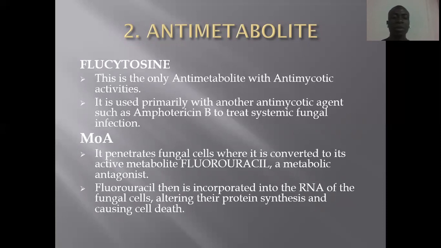The mode of action is to penetrate the fungal cell wall, where it is converted into the active metabolite, a metabolite antagonist. So it penetrates the fungal cell where it's converted to active metabolite, fluorouracil. The fluorouracil is then incorporated into the RNA of the fungi, altering their protein synthesis and causing cell death.